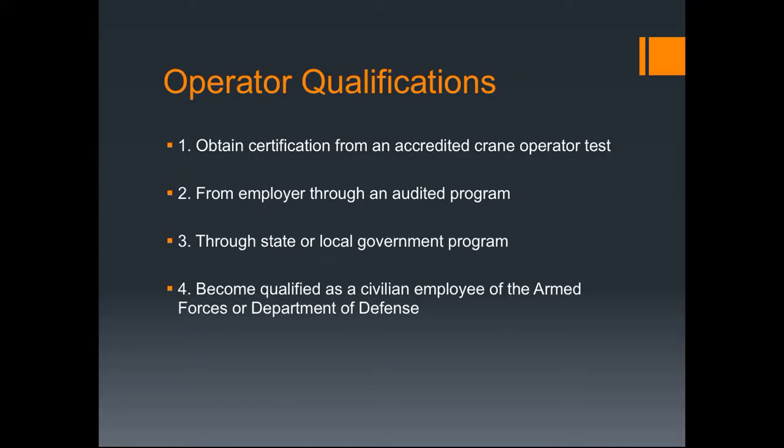And once you successfully complete that, you'll need to have required on-job site training as well as technical training and exams, and this is usually through a crane operator test, which is the first thing listed, or you can get it through your employer through a company audited program, and then the other two are through state or local government and through the Armed Forces or Department of Defense. So these are just the four ways that you can get your crane license and become a crane operator.